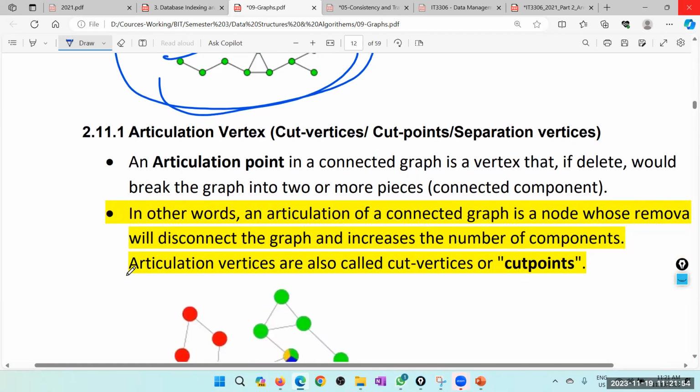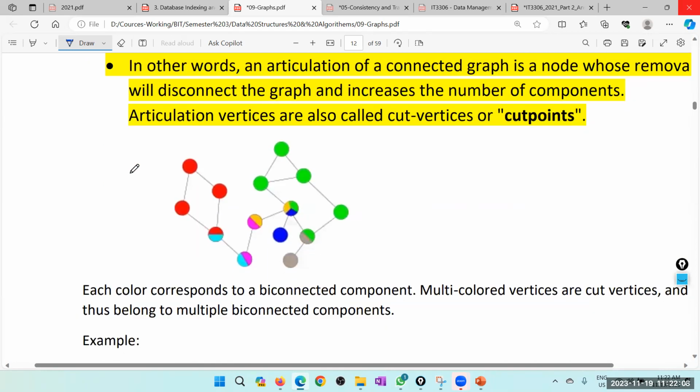Right. So the next concept is articulation point, also called cut point, separation vertex or cut vertex. An articulation point of a graph is a vertex where, if you remove that vertex, your graph becomes disconnected.